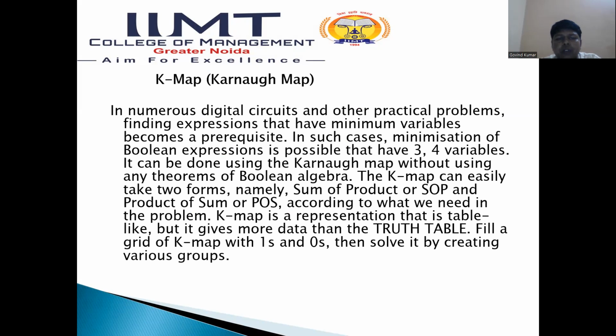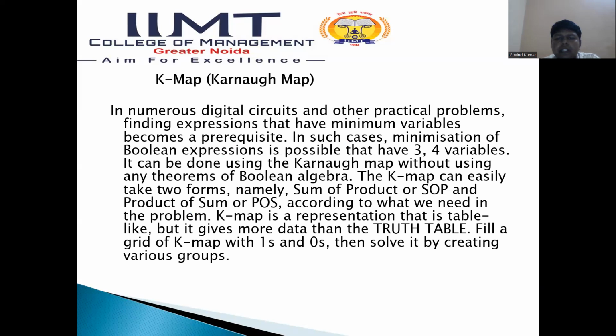It can be done using a Karnaugh map without using any theorems or Boolean algebra. The K-map can take two forms, namely sum of products and product of sums, according to what we need in the problem.